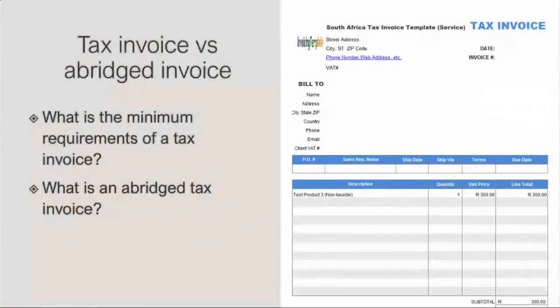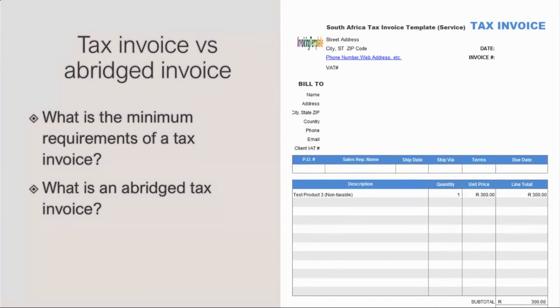Now, an abridged tax invoice does not actually qualify as a tax invoice. It does not have all the minimum requirements like the name, the address, and the VAT number of the buyer. So those are the key things it doesn't have on there. Now, the rule is if an amount is less than 5,000 Rand, SARS does not require you to have a full tax invoice.